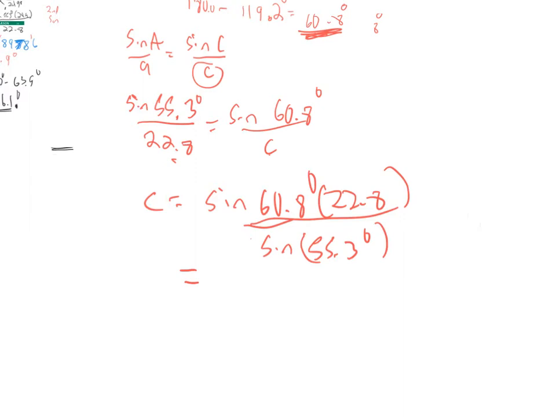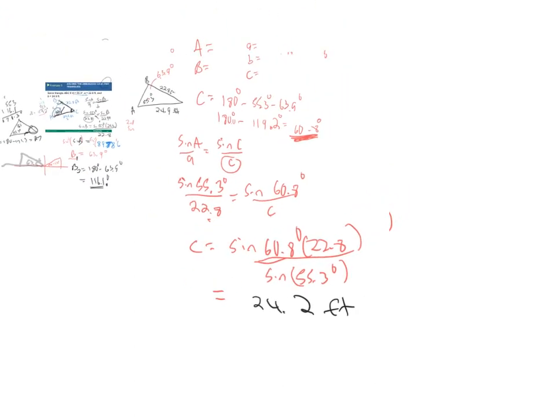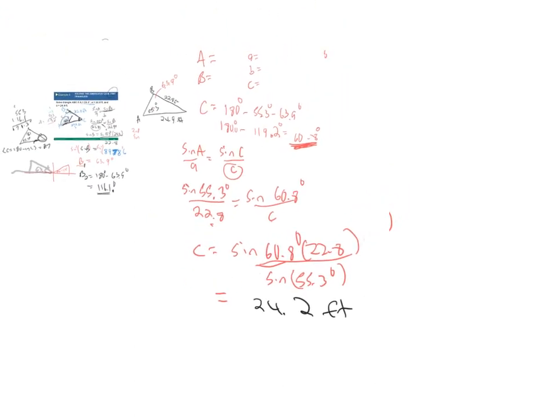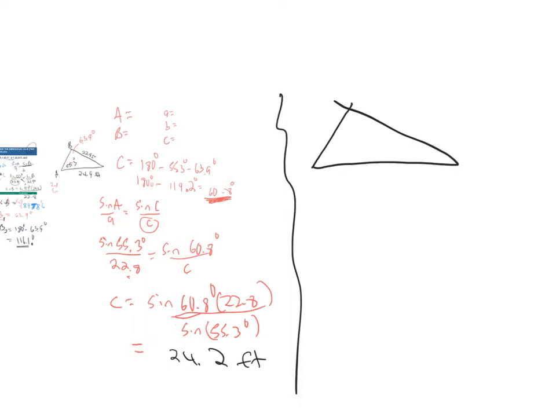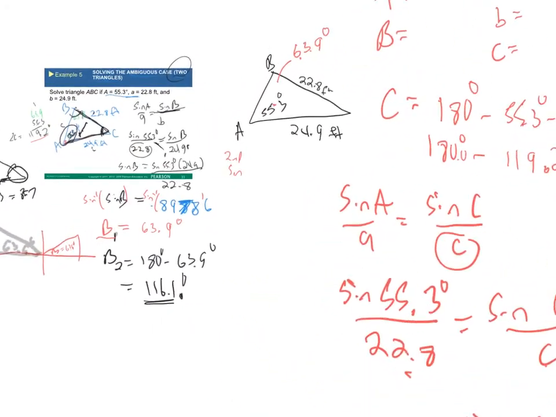Did you get 24.2 feet, rounding it? That would be one of your triangles. Remember, we had another possible triangle. The given's the same.